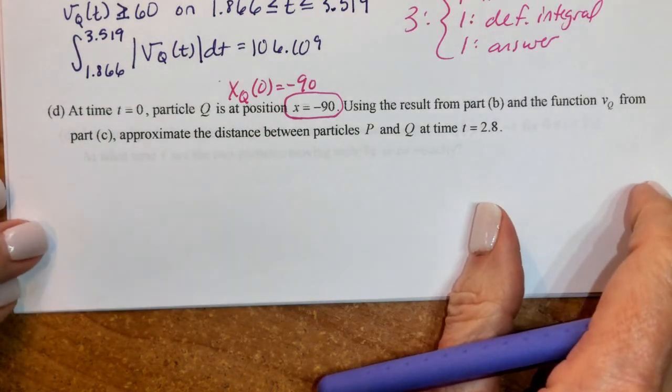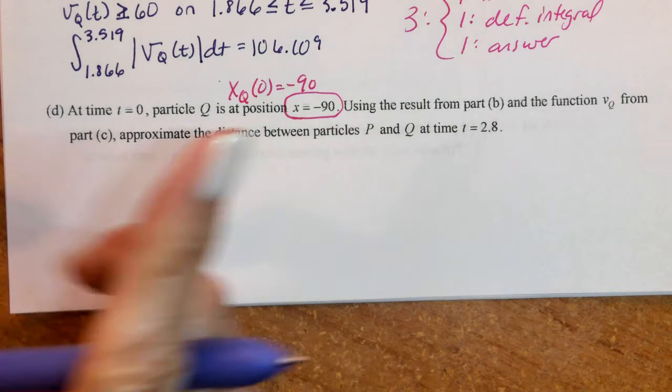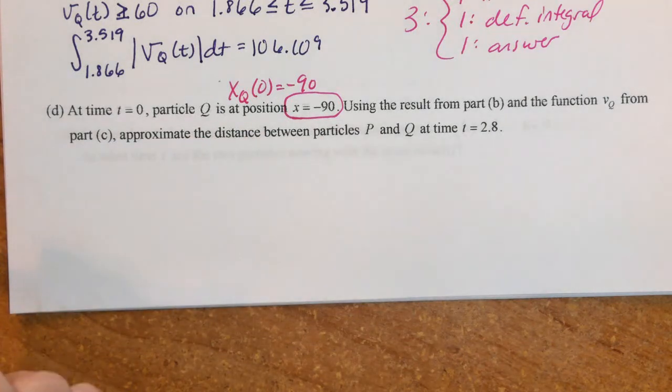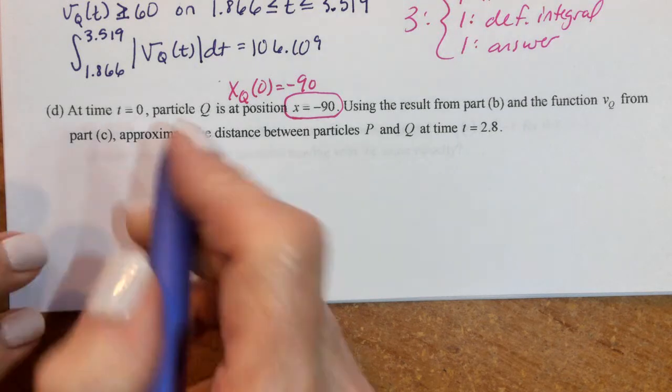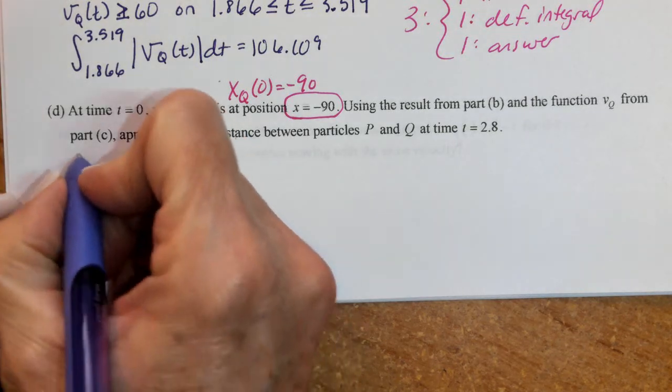All right, so in my mind I'm thinking, we need to find the position of P at 2.8 and the position of Q at 2.8 and see how far apart they are. They're both on the x-axis, so we'll just subtract that.